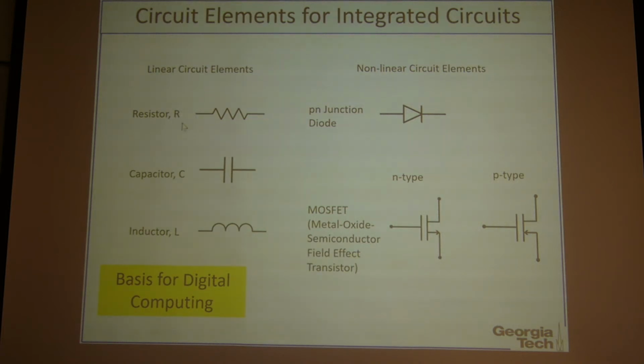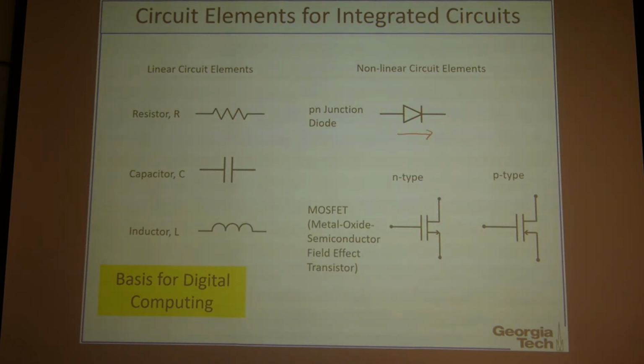It's linear because, for example, for the resistor, the current and voltage relationship is a linear function. But there are nonlinear circuit elements as well, which are typically used in integrated circuits. For example, here we have this diode, and we are going to learn more details of the diode in later lectures. Basically, the diode can only pass current in one direction. So you only pass the current in this direction.